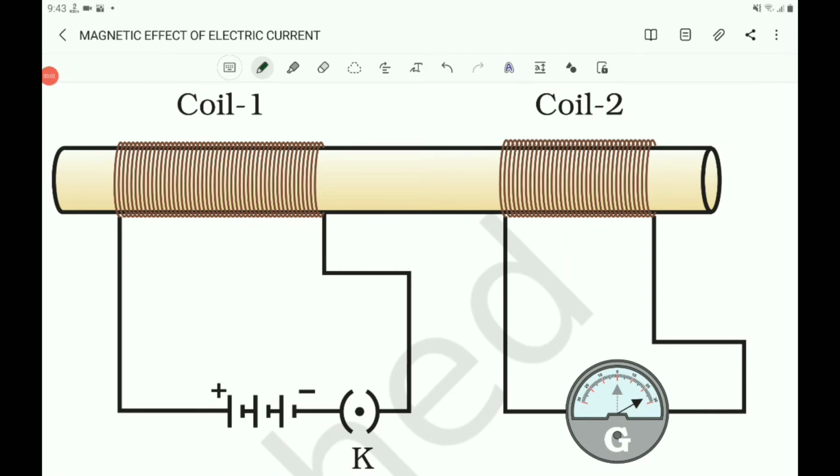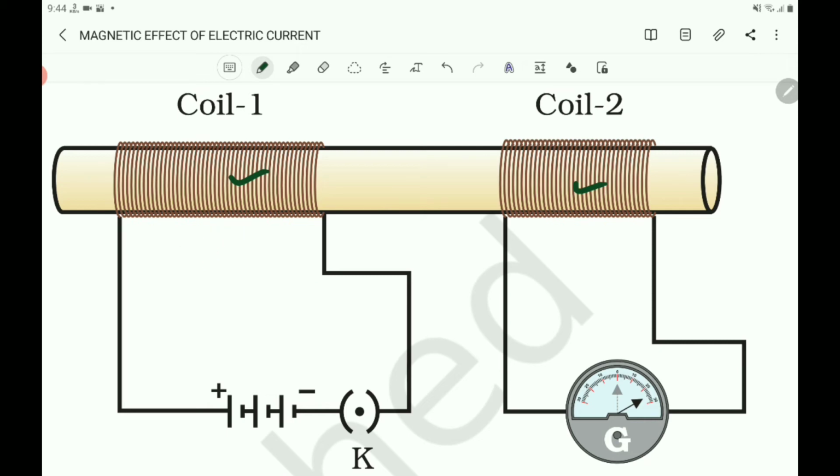Children, to demonstrate the production of induced current in one coil due to a change of current in the neighboring coil, you do one activity. Take two different coils of copper wire having a large number of turns, say 50 and 100 turns.